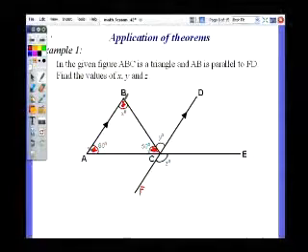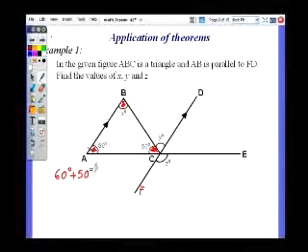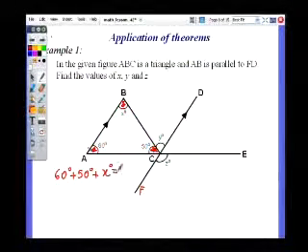So two angles are given, the third one is unknown. Yes, I can do that. I can write 60 degrees plus 50 degrees plus x degrees is equal to what? 180 degrees. And the reason is that the sum of these three angles is 180 degrees, they are the interior angles.